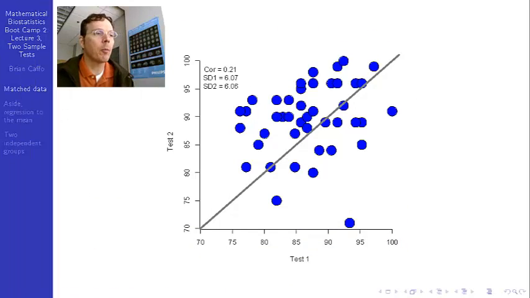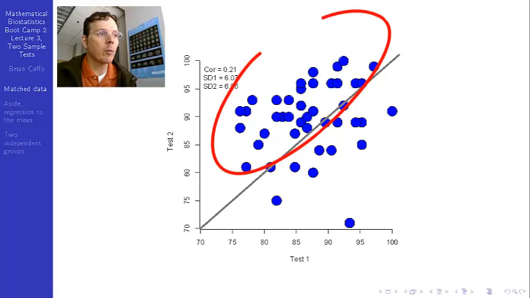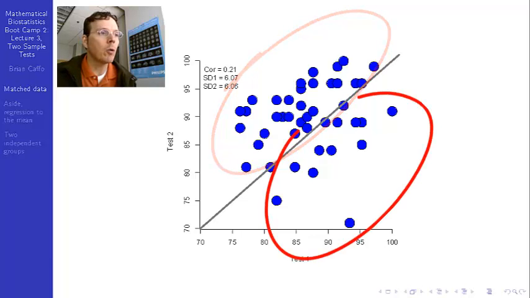Okay, so here's a scatter plot where I have test 1 on the horizontal axis and test 2 on the vertical axis. I've arranged it so the axes are the same, both starting at 70 and ending at 100. And maybe there's some suggestion that on test 2 the scores were a little bit higher. It seems like more points are lying above the identity line than below.